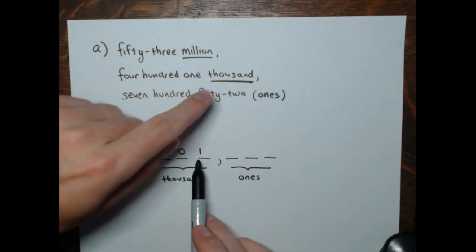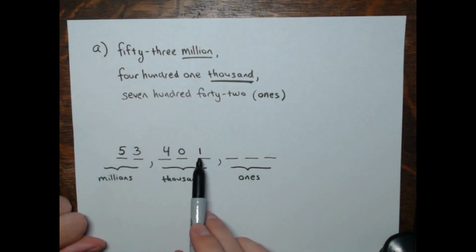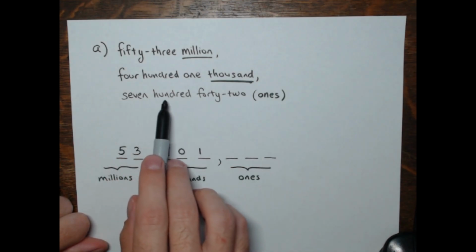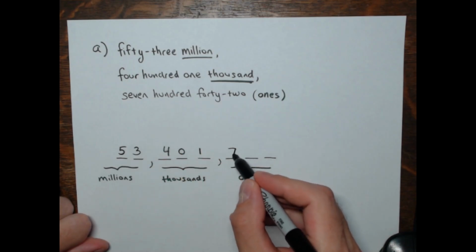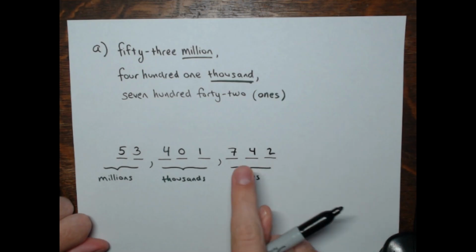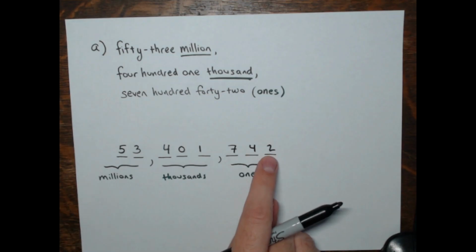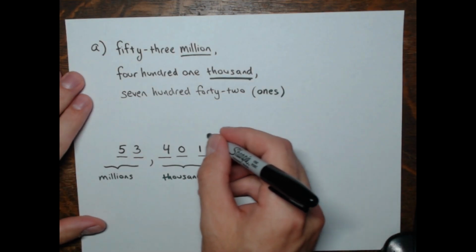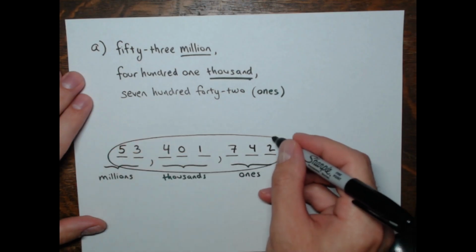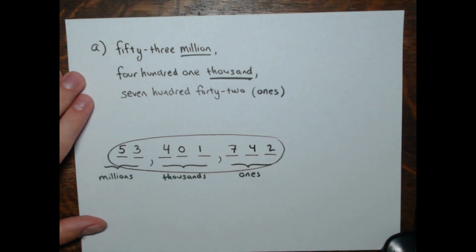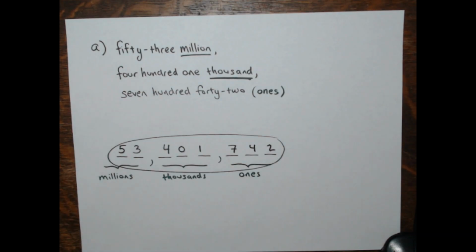And then just 1,000, so 1 in the thousands place. And then finally in the ones place, 742. 7 in the hundreds place, 4 in the tens, and then 2 in the ones. So there it is, written in digits, 53,401,742.